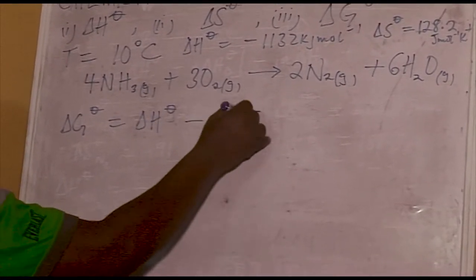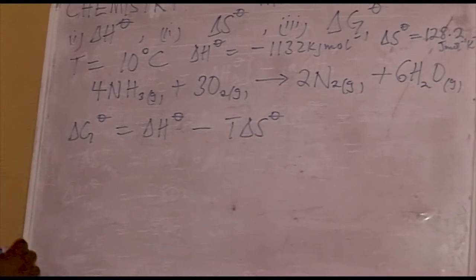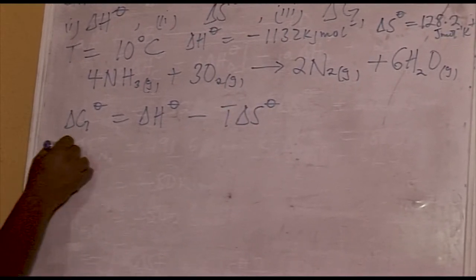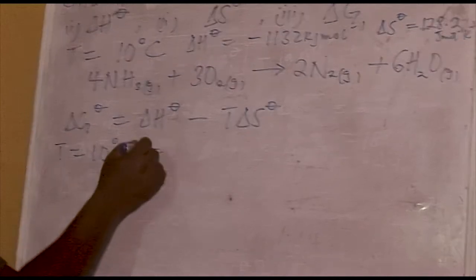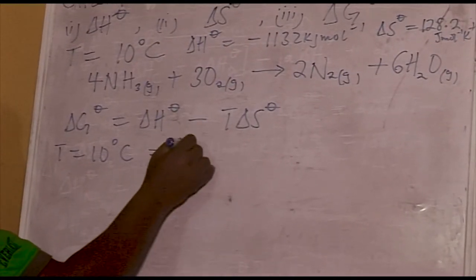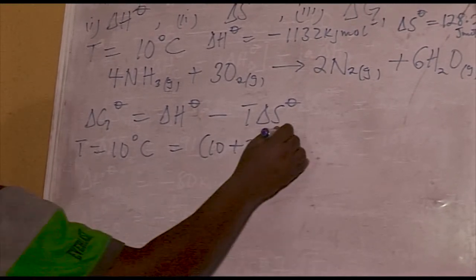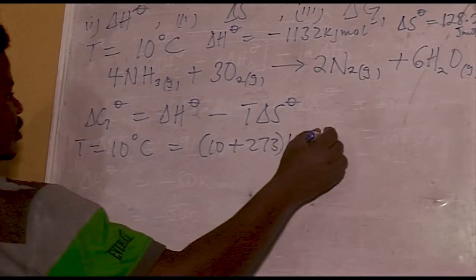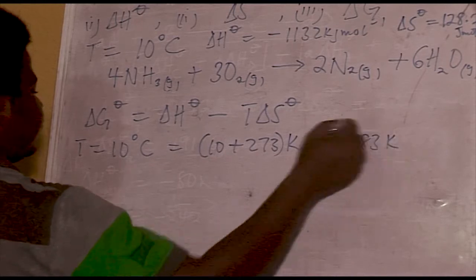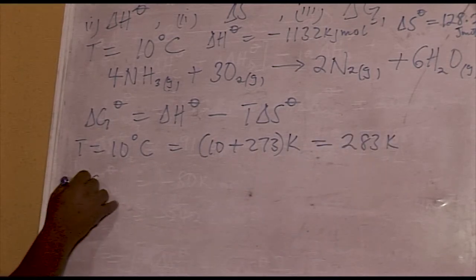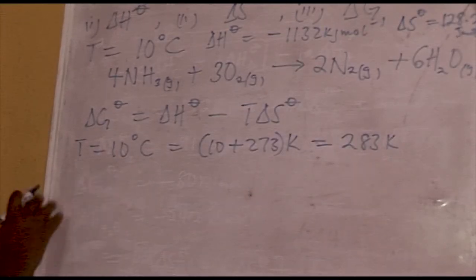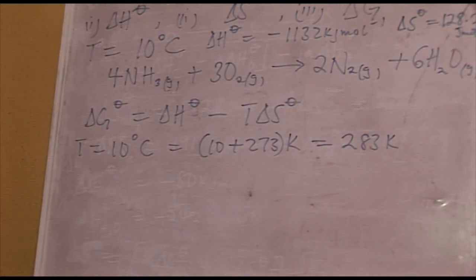We said Gibbs free energy can be calculated using this equation because we know them. But our temperature had to be converted to Kelvin. So in converting from degrees Celsius, we add 273 to it. So that would be 283 Kelvin. Straightforward.